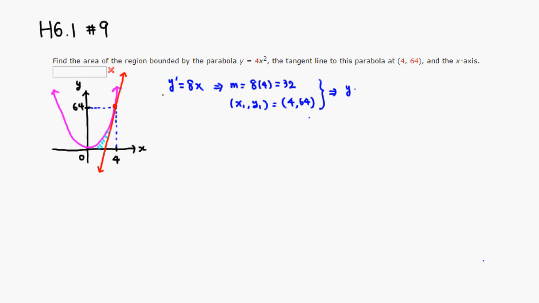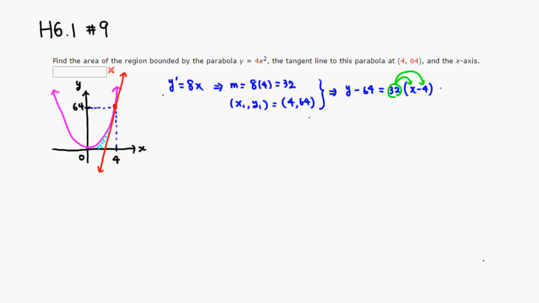By combining those, we have the equation: y minus y1, 64, is equal to 32 times (x minus 4). We can distribute the 32 to both terms.